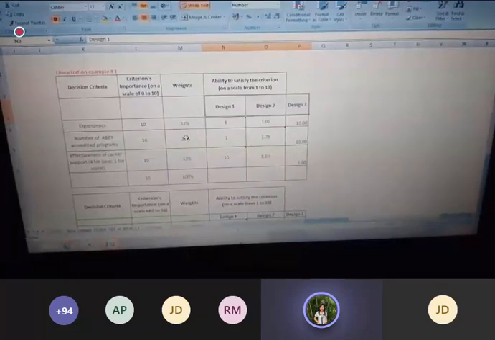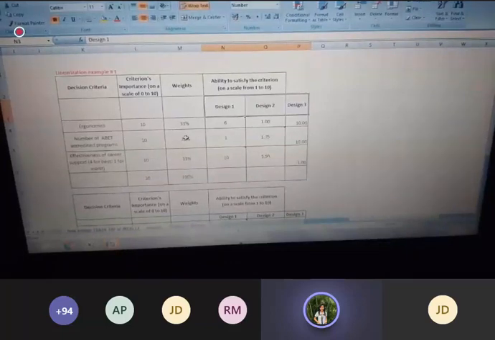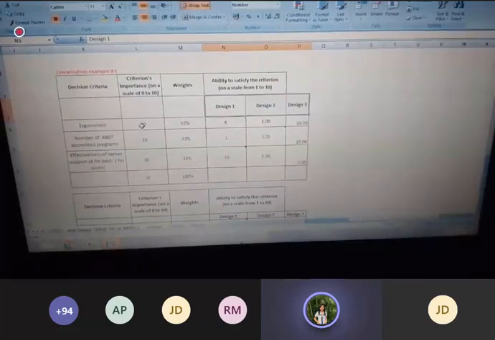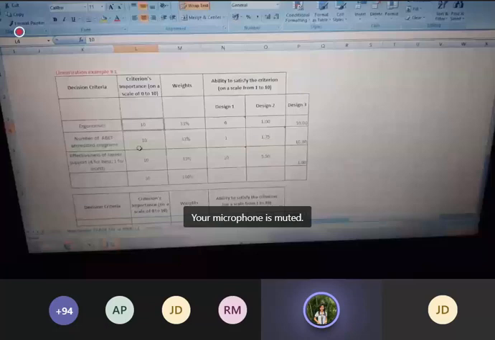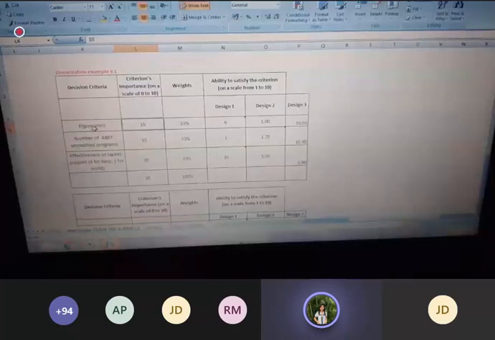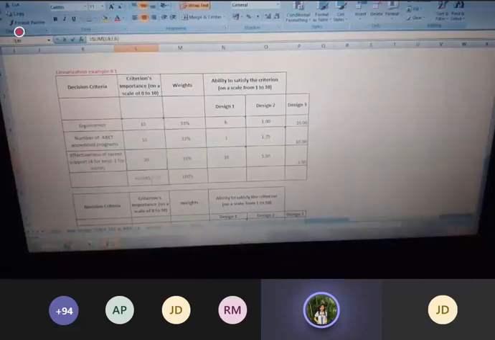So let's say for instance, for the ergonomics, from the perspective of the client, they set the importance of this criterion to 10, and the number of ABET accredited programs, they set it to 10. Then the effectiveness of career support, they set it to 10.